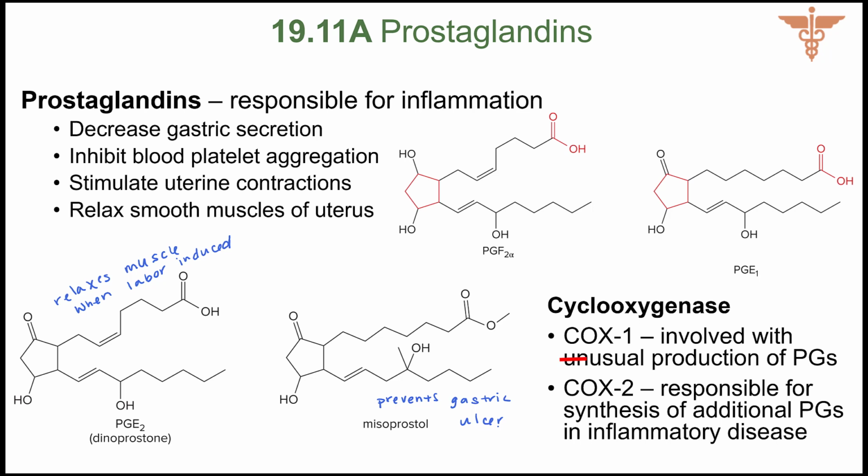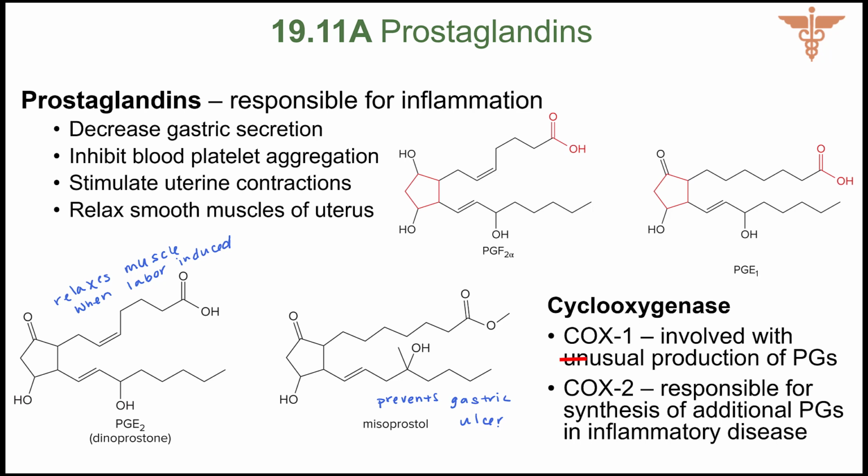COX-1 is involved with the usual production of prostaglandins, but COX-2 is responsible for the synthesis of additional prostaglandins in inflammatory diseases like arthritis. Aspirin and ibuprofen can inactivate both of those enzymes. This can make an individual more susceptible to ulcer formation.